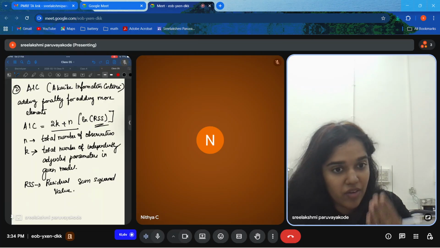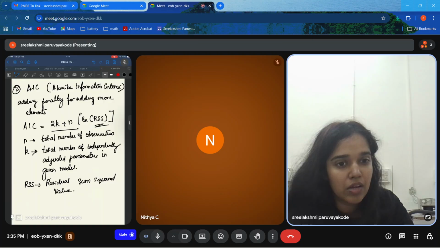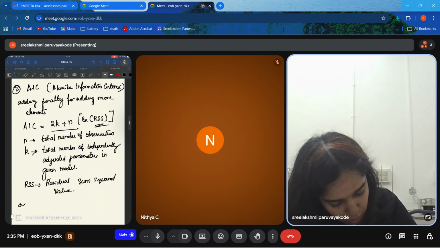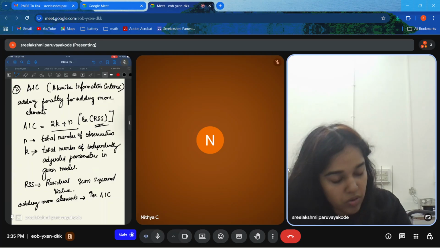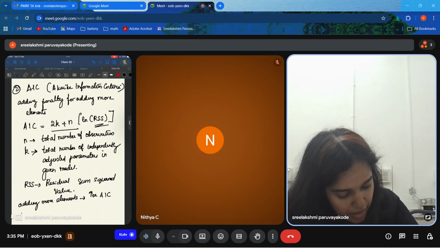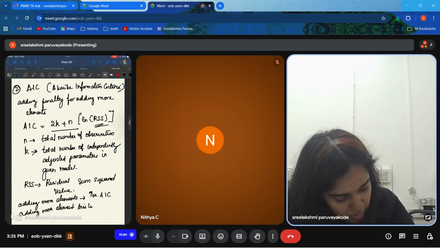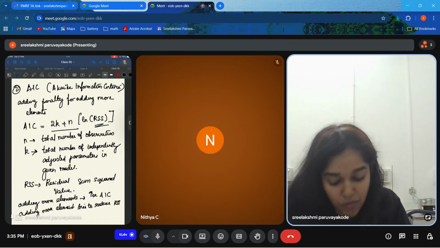In one way you're adding the elements, in other term you're reducing the residue. So how will the value of the information criteria come? That is what you're looking at. Adding more elements will increase AIC, and up to a point, adding more elements tries to reduce the RSS value, the residual sum of squares.